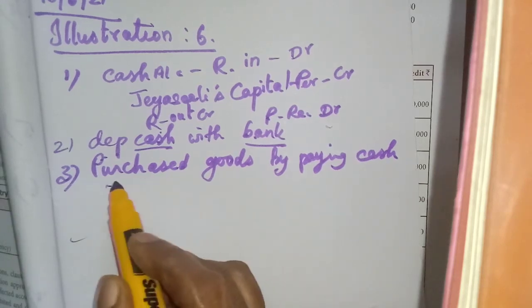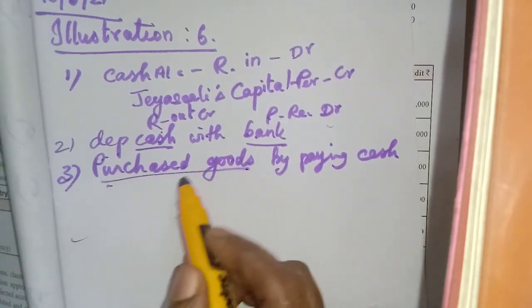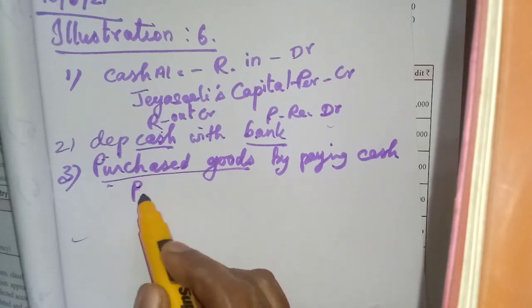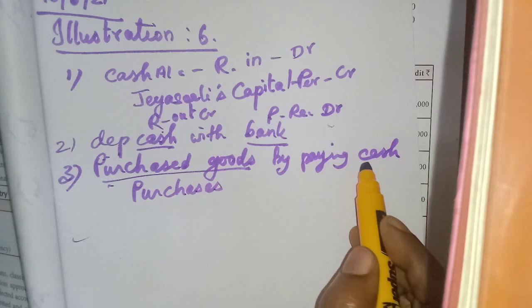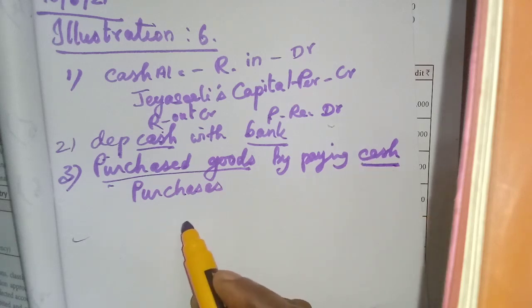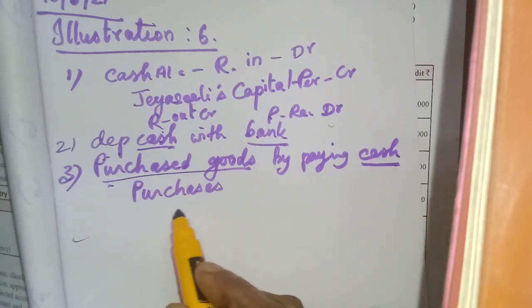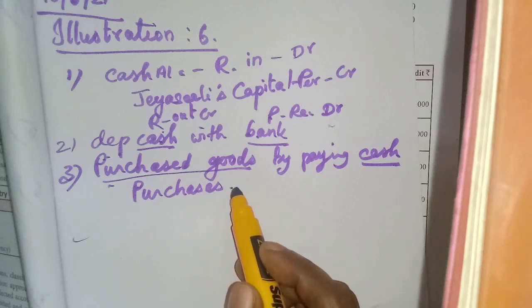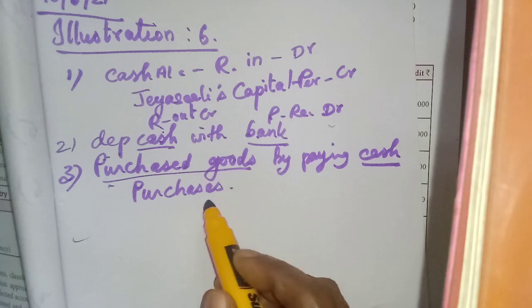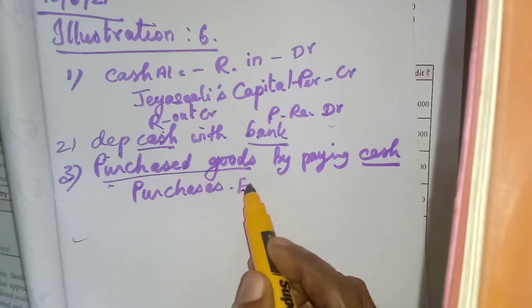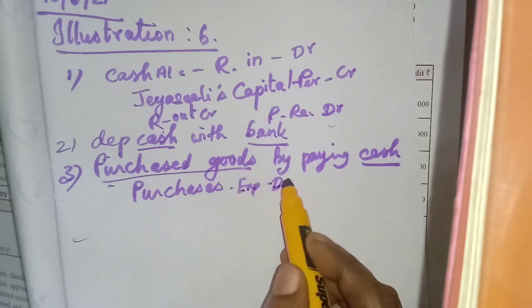Here, purchased goods is considered as purchases. Sold goods is sales. Then another one, cash account. Here, for purchases, in both senses we can take either a real account or a nominal account. Nominal account means it is an expense, so we should debit.